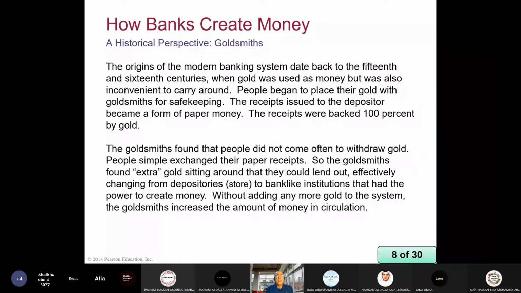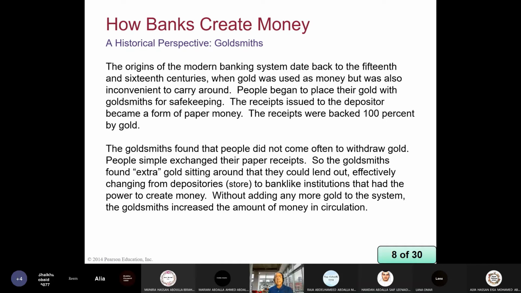They can use the receipt and go to the goldsmith. So it's similar to using a check. At the moment, if I need to buy something, I can pay by check, and the seller feels that the check is similar to money because they can show the check to the bank and withdraw money.